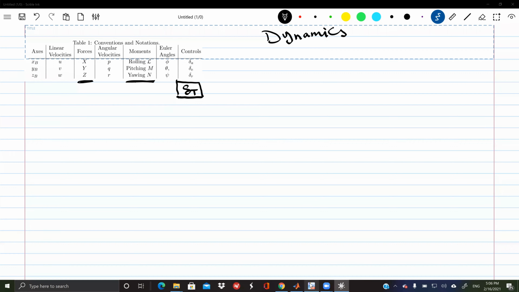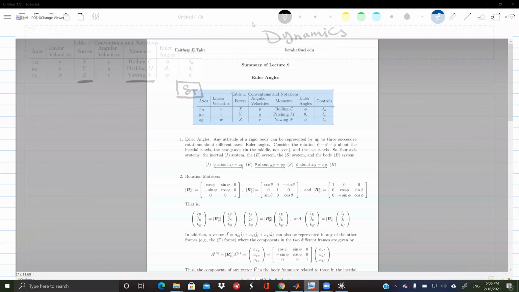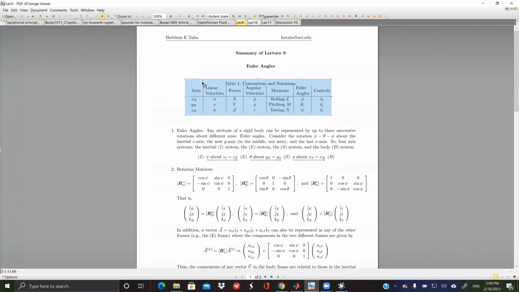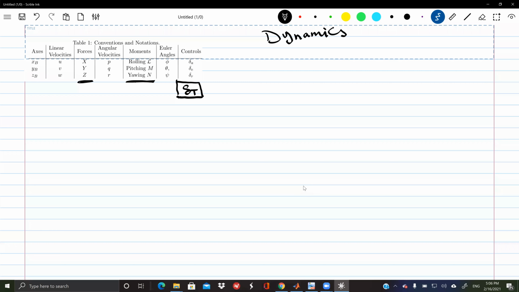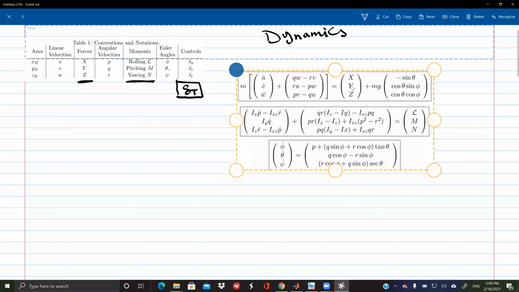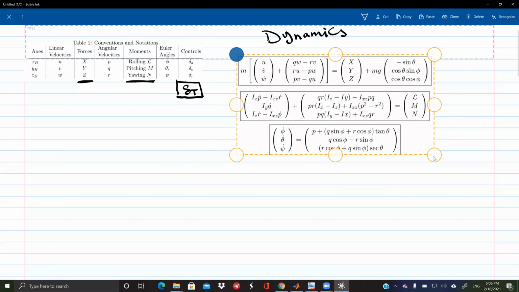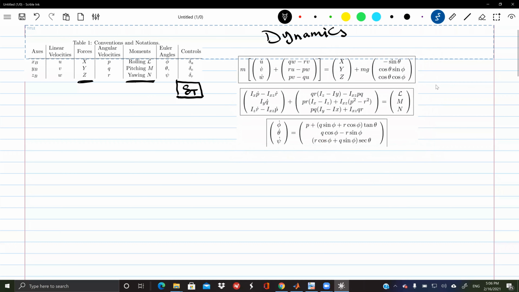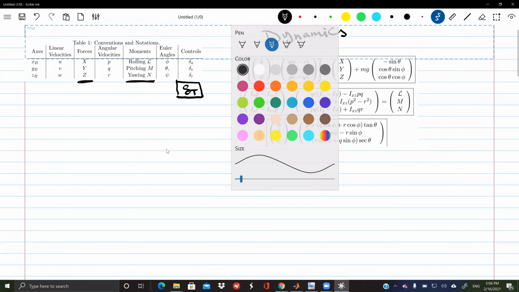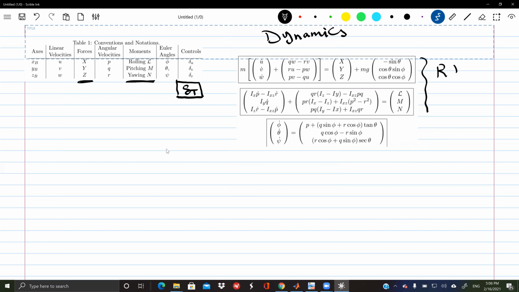These are the things that we derived before. For example, here is the 9 by 9 system. So these are indeed rigid body dynamics. Mass times acceleration equal forces, the first three, and the rotational version of that.